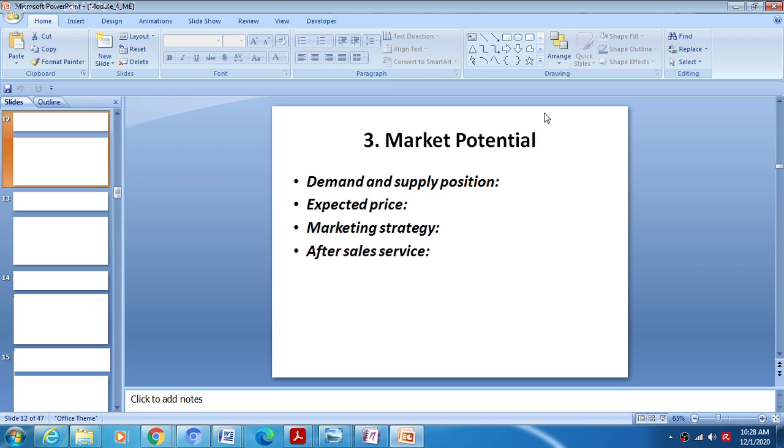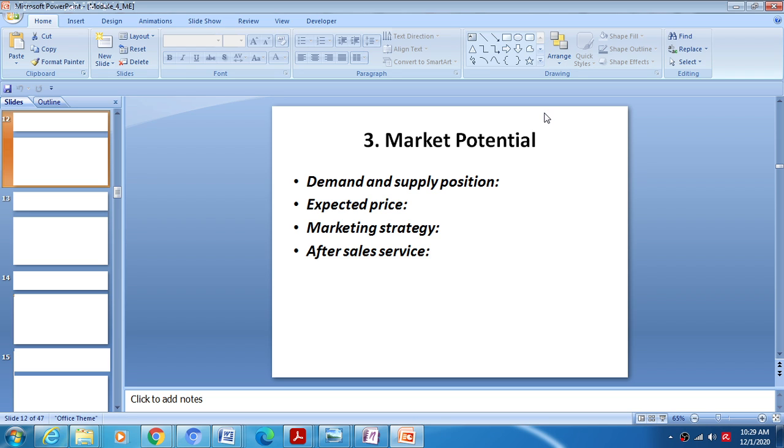It is very easy to understand that if you want to analyze the demand and supply position, first of all you have to know the total expected demand of that particular product which you intend to produce, and also you have to look into the current supply levels of that particular product in the present scenario, and then you need to analyze the gap between the demand and the supply.